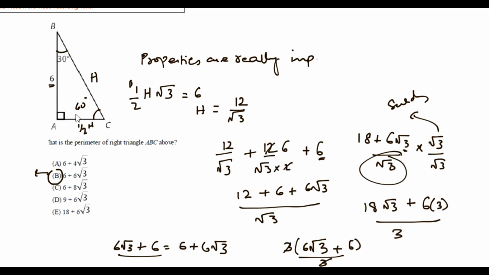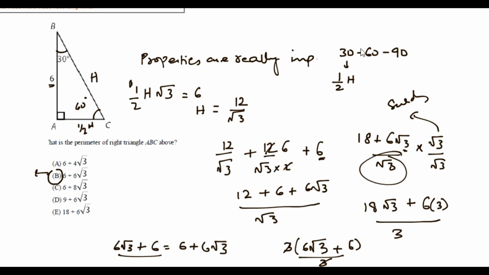Leg means the side, right? The side that is opposite to the 30-degree is 1/2 the hypotenuse, right? So you can just make some notes as well, right? 30, 60, 90 triangle. So 30 side is what? Yes, it is half the hypotenuse.